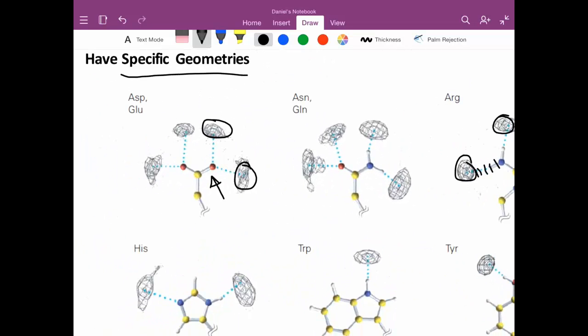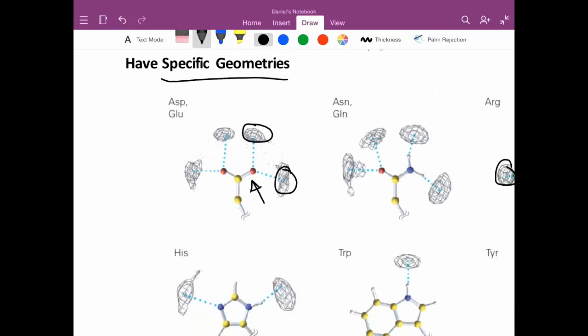But if you take a look at the aspartate or carboxylic acid functional group, you don't have this collinear location. Instead, you've got them sort of splayed out here. And if you remember from general chemistry, you know that is because this is an sp2 hybridized oxygen. And as such, the concentrations of electrons are in these orbitals out here in a trigonal planar orientation.